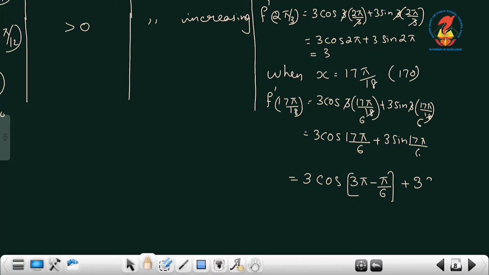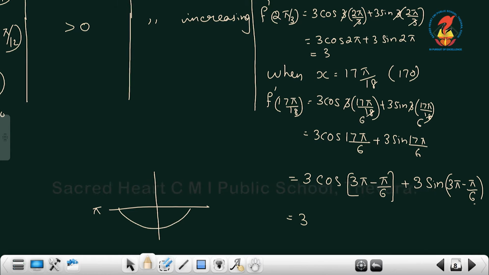Plus 3 into sin 3 pi minus pi by 6. Now 3 pi means here it is pi, then 2 pi, then again 3 pi. So this is the place of 3 pi.